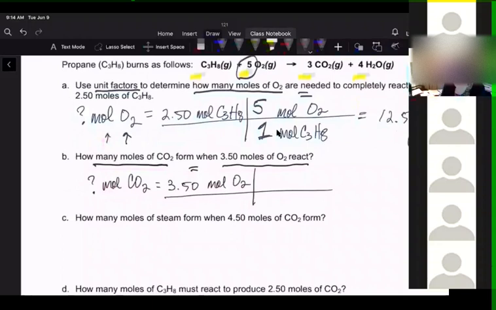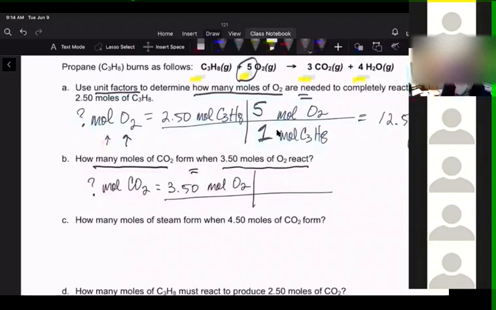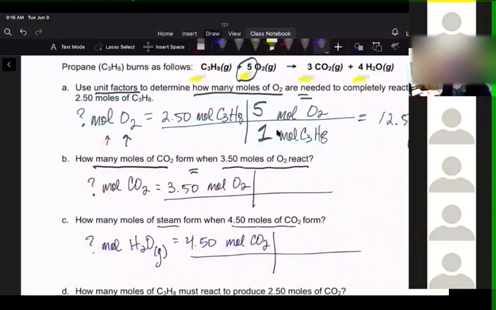So at that point, I've really just rewritten the question. Use that mole-mole relationship to change the label. All right, then we're looking for CO2, so I'm going to put that on the top. And now I'm going to go get the numbers that make that relationship true.